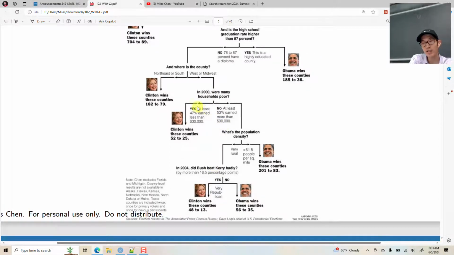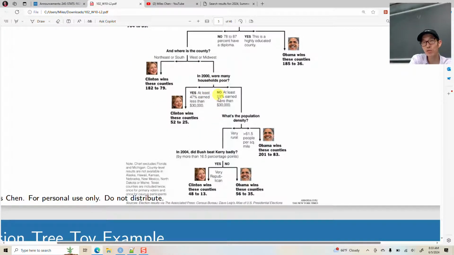And then they asked questions like, in the year 2000, were many households poor, earning greater than or less than $30,000? And then yes or no and things like that. And what's the population density? If it was a higher density county, Obama was more likely to win.